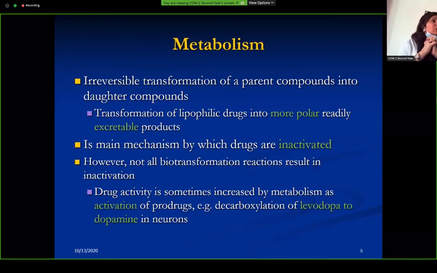Yes, please. So yes, most of the medication you hear about is an active medication going to metabolism. When it is metabolized, it is rendered inactive to be excreted.